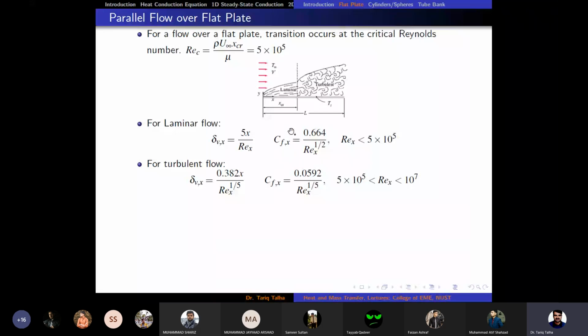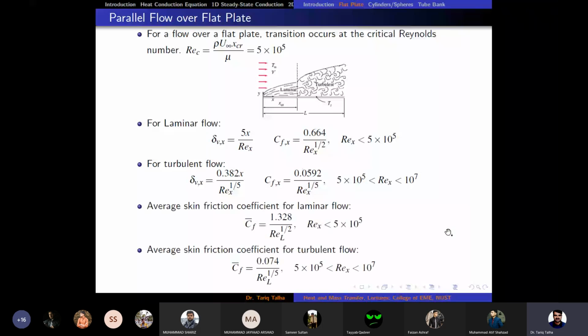If we want to know the average value, we integrate it from 0 to capital L, where capital L is the total length of the flat plate, and outside the integration we have 1 upon L. If we do that simple integration, we can calculate the C_f value, which is the friction coefficient for laminar flow. If you see, 0.664 into 2 would be equal to 1.328.